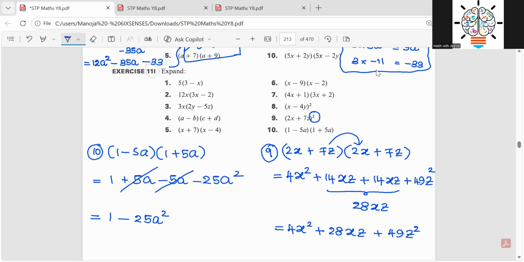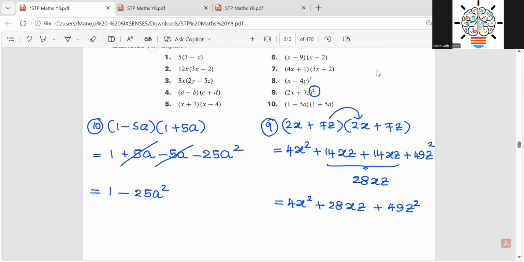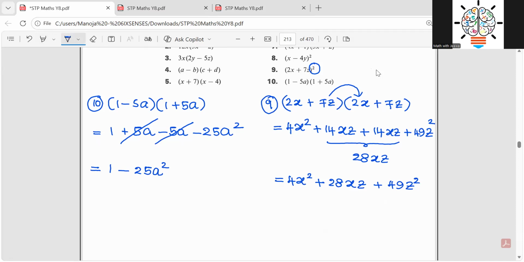Right? So then I will take question number 8 here. Look at question number 8, you have (x minus 4y) squared. So then how do you write this? x minus 4y, and then you write x minus 4y.